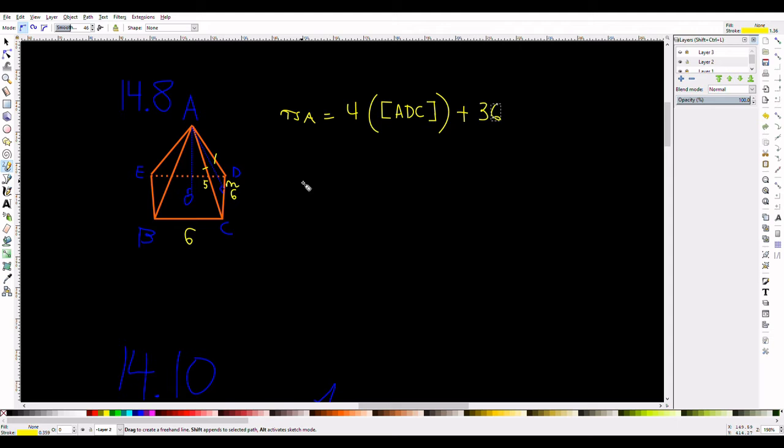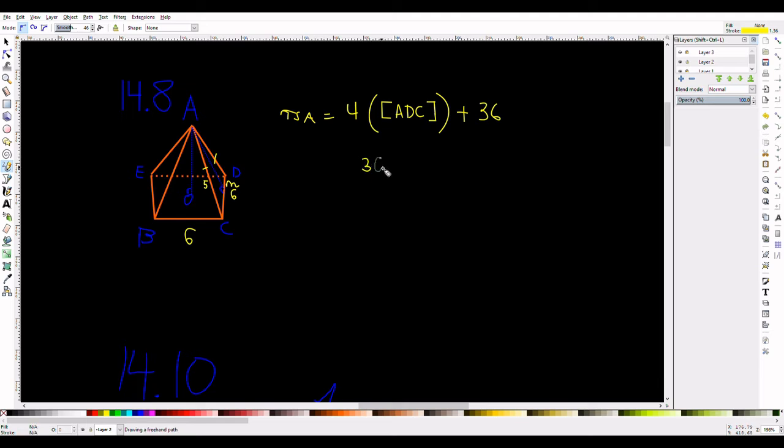Alright. Lastly, what's the volume of this pyramid? How much water could this pyramid hold? So remember, our formula is the area of the base times the altitude, which is AO, divided by 3.